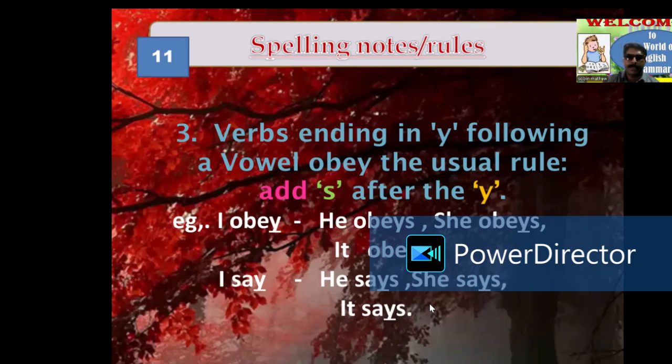Did you understand the three types of spelling rules? All the students reply to the teacher, yes, sir, we understood.